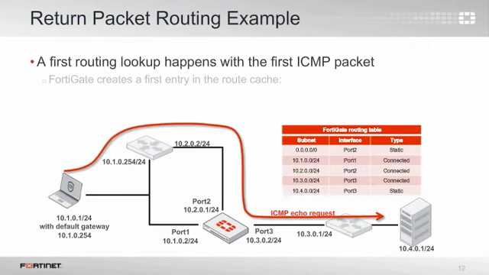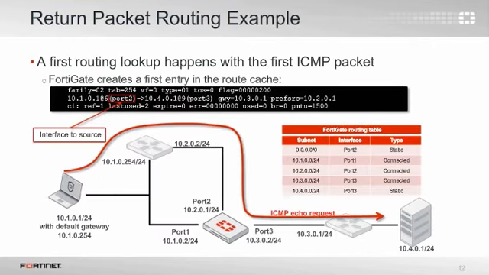Let's analyze this network topology. The local network 10.1.0.0/24 has 3 network devices: a local workstation, a local router, and a FortiGate, port 1.